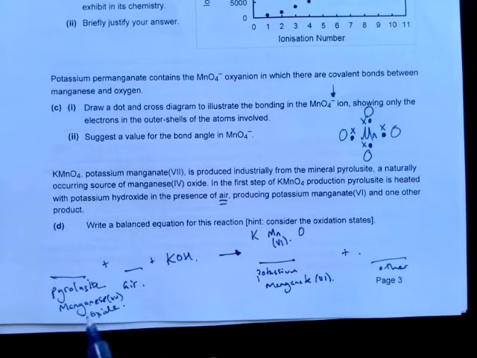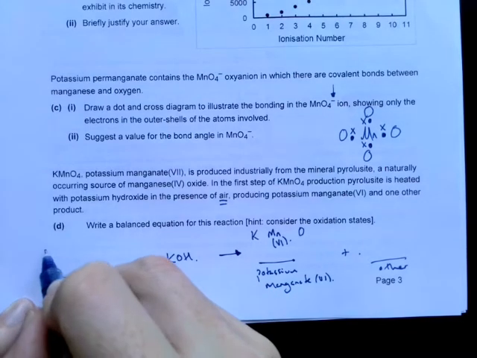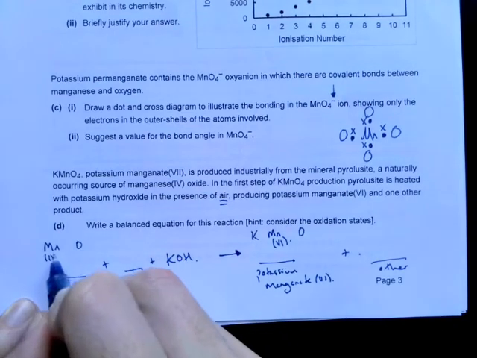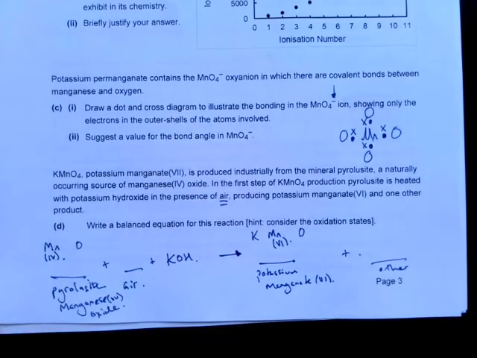This naturally occurring source of manganese 4 oxide is going to have manganese and oxygen, with manganese in the oxidation state 4.